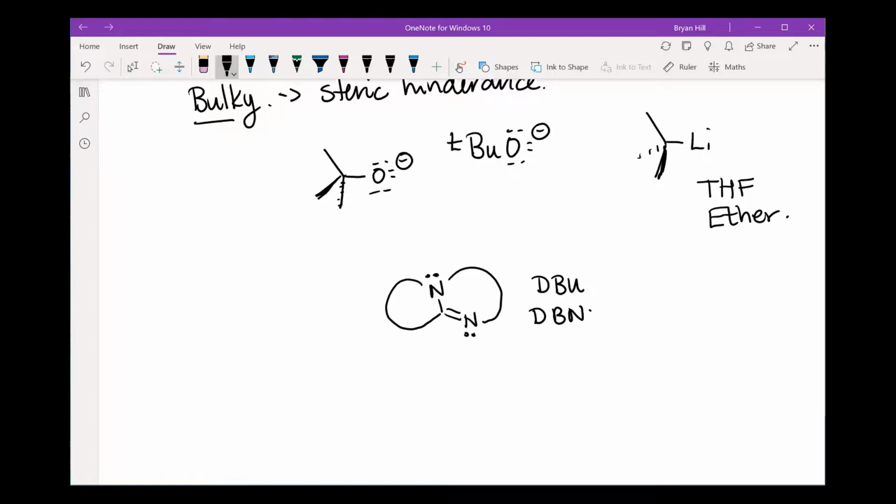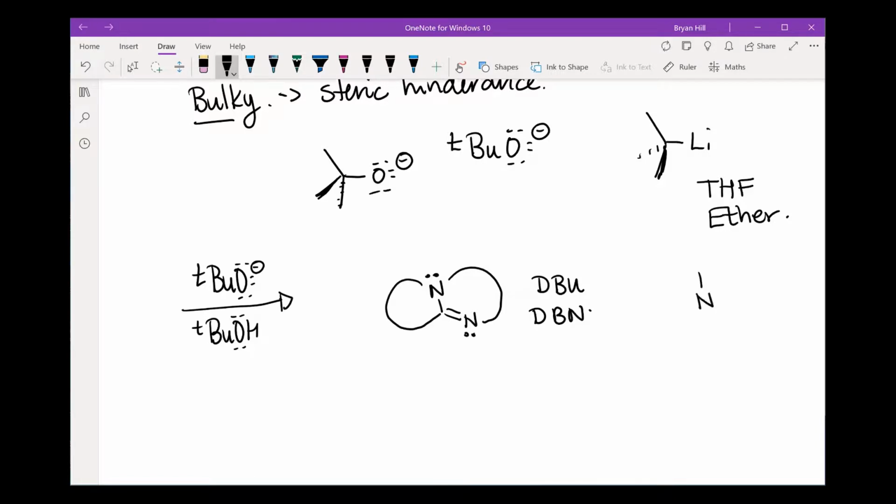And when you're using tert-butoxide, the solvent you would use with it would be tert-butanol. With tert-butyl lithium, it would be THF or ether.